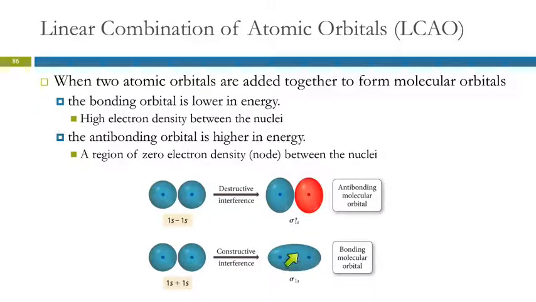This bonding orbital has increased electron density between the two nuclei. These dots here represent the nuclei. And the antibonding orbital has lowered electron density, in fact, a region of 0, a node between. And then we have density closer to each atom. So this is fighting against bonding, this is promoting bonding.